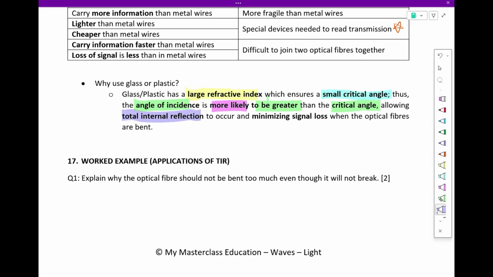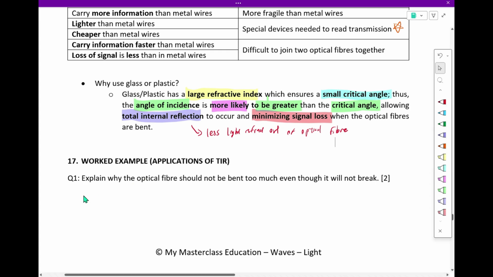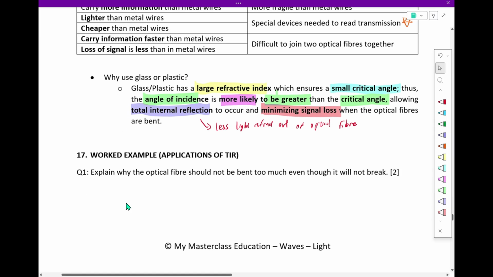TIR can occur, and if TIR occurs, you have less signal loss. Basically, less light refracts out of the optical fiber. So your handphone, when you play video games or when you watch your TV shows, won't lag. Okay, they won't lag, they won't buffer.